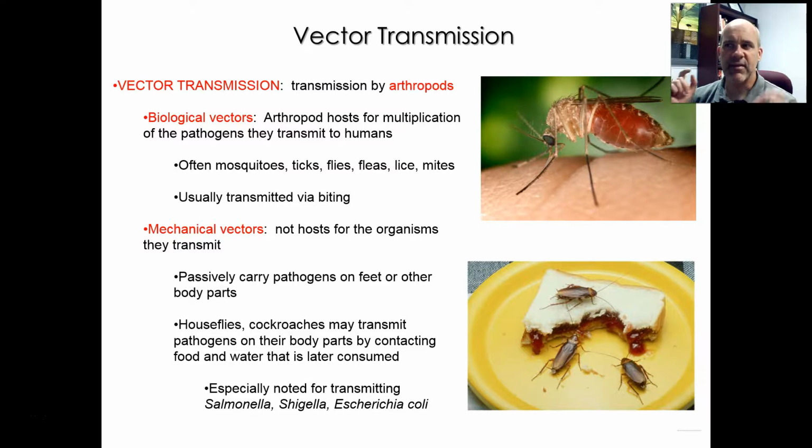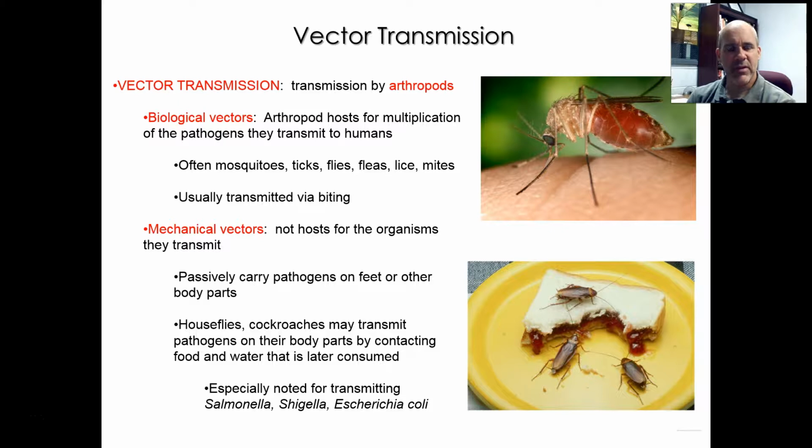And then in most cases, these pathogens get into the salivary glands of the biting arthropod, and the arthropod injects those into the new host when it bites a new host. But not always. Some of them deposit the microbes in their feces, and then you rub them into the body around an area where you've experienced a bite.